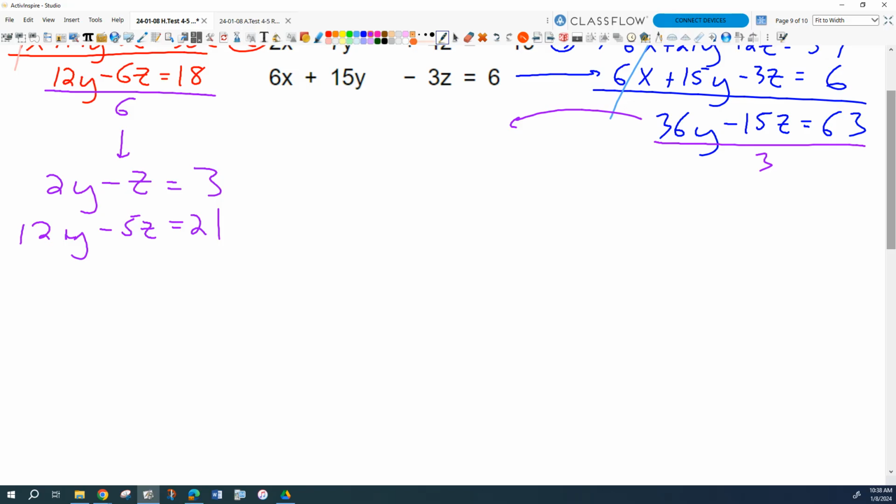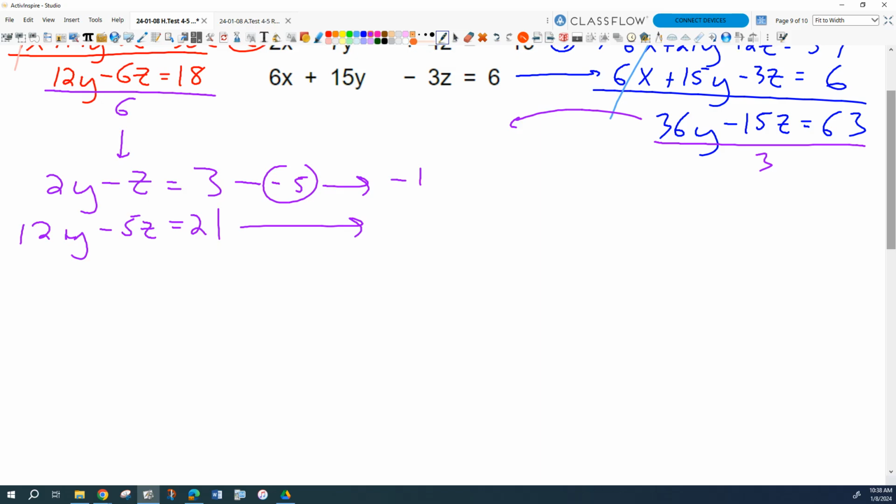I get smaller numbers. And now, which variable would I probably want to get rid of? I mean, they're both pretty simple. I could probably just do z here. Just multiply the top one through by -5. Bottom one, leave it alone.